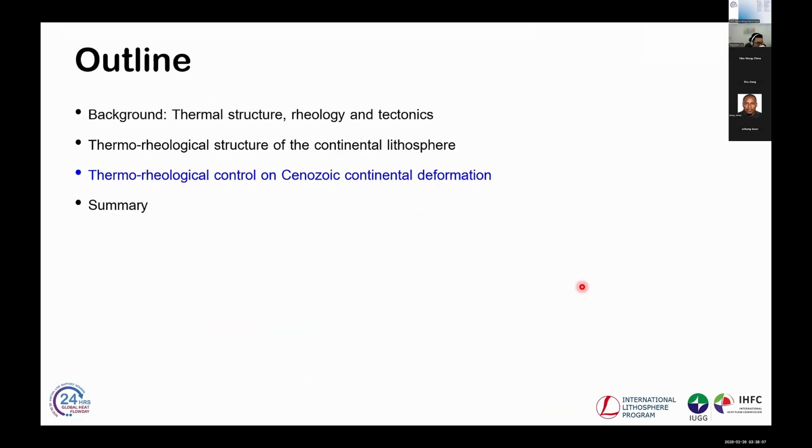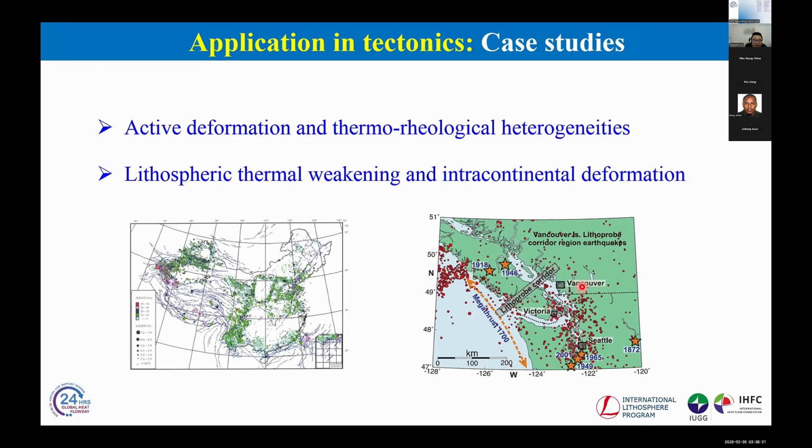For the third part, I will give two case studies about how the thermo-rheological structure controls the Cenozoic deformation of the continent. The first one is about the active deformation and the thermo-rheological heterogeneity. This is a case from China. This is from Western Canada.